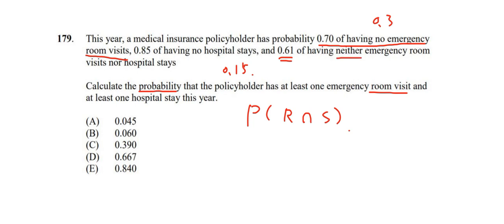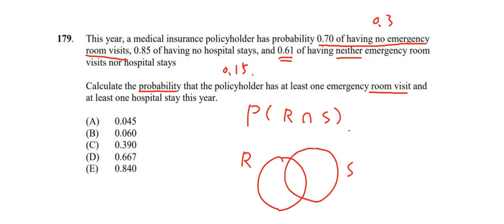So for this one, we use a Venn diagram. Here R stands for room, so this is 30%, and this is stay, which is 15%.